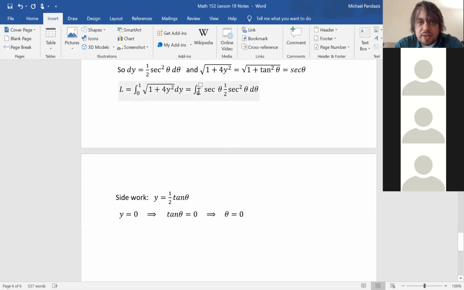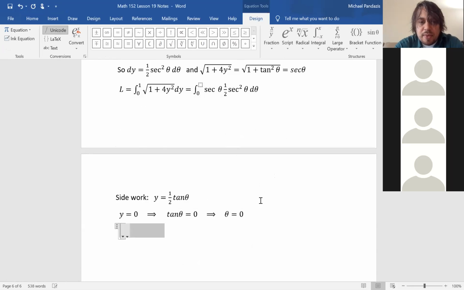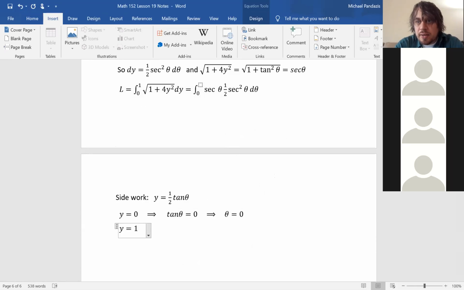Okay, so these are values of theta. When y is 0 here, theta is 0 here. When y equals 1, that implies that tan theta is equal to 2, and that implies that theta is equal to tan inverse of 2.